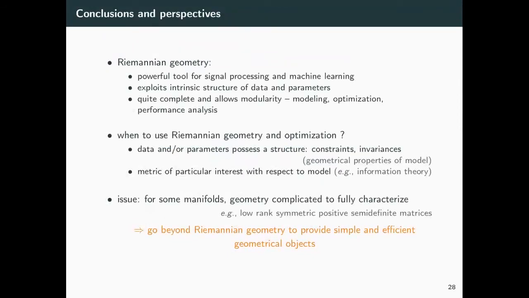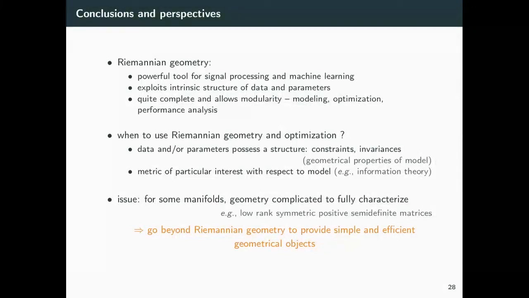So, I do believe that Riemannian geometry is quite a powerful tool for signal processing and machine learning, because we can exploit both the intrinsic structure of the data that we have at hand, and also of the parameters.